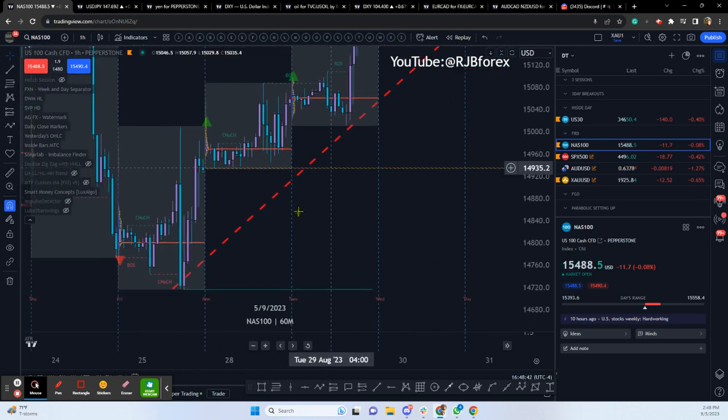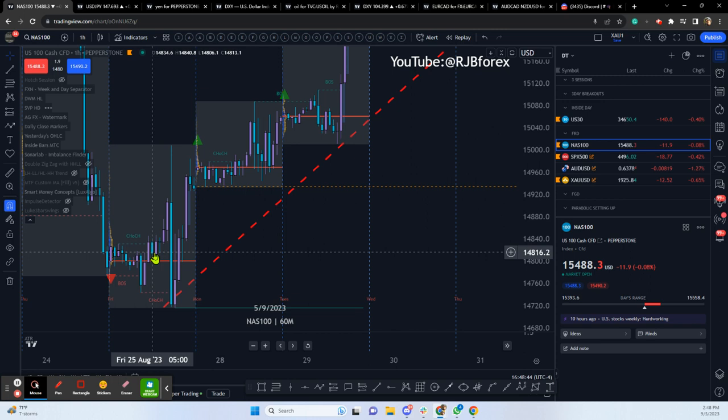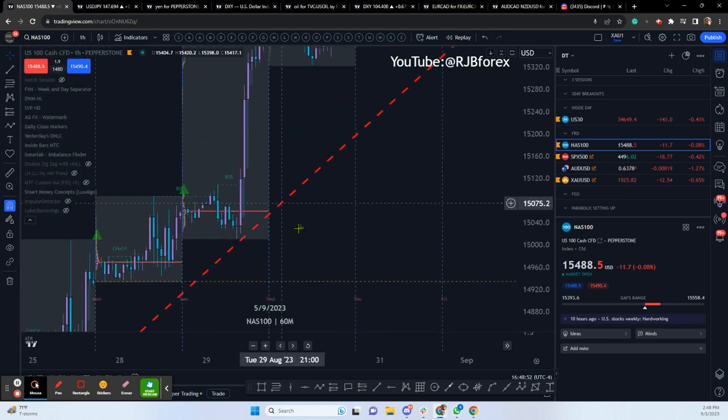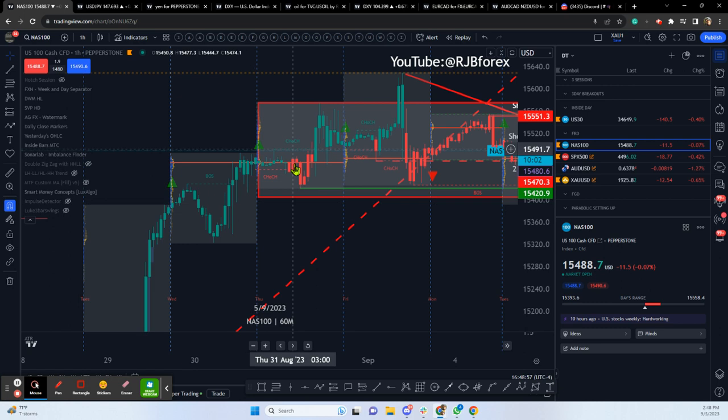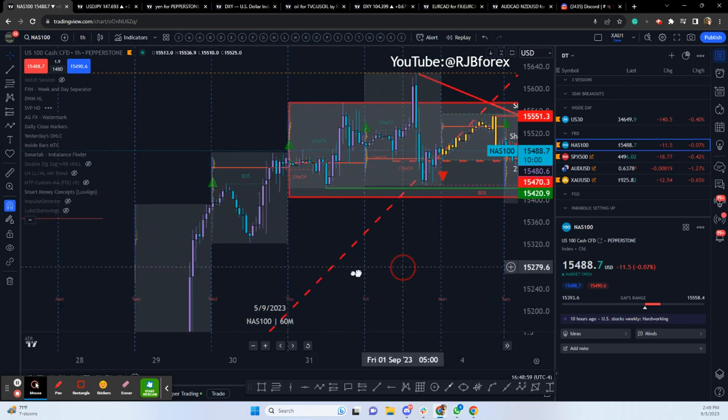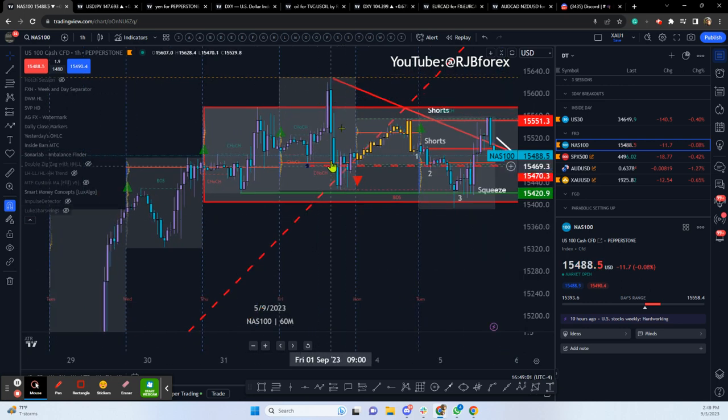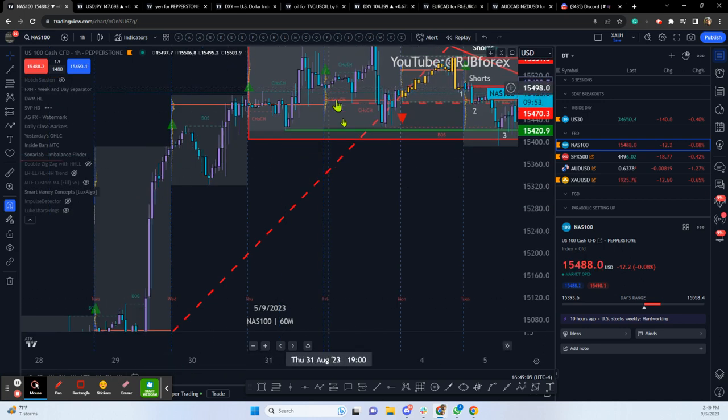So last Friday closed up high, bullish, green candle. Monday closed up high over here, green candle, right? It helps me gauge where we're at. So I knew then that Friday was the first red day out of all of these green days.